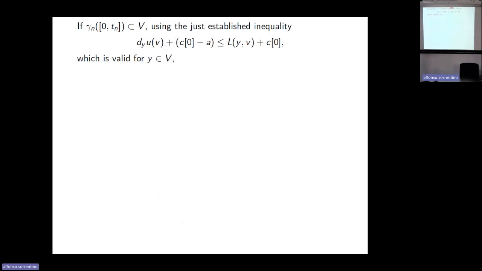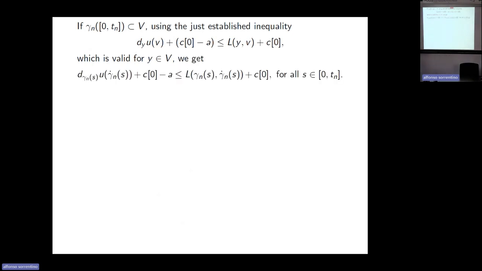This inequality is valid for all y in V and all tangent vectors at y, and therefore we can apply it along the curve gamma n to get the derivative of u at gamma n(s) applied to the speed of gamma n at s plus C0 minus A is less than the Lagrangian evaluated at the point of the speed curve of gamma n plus C0. And this is valid for every s because the curve is inside V.